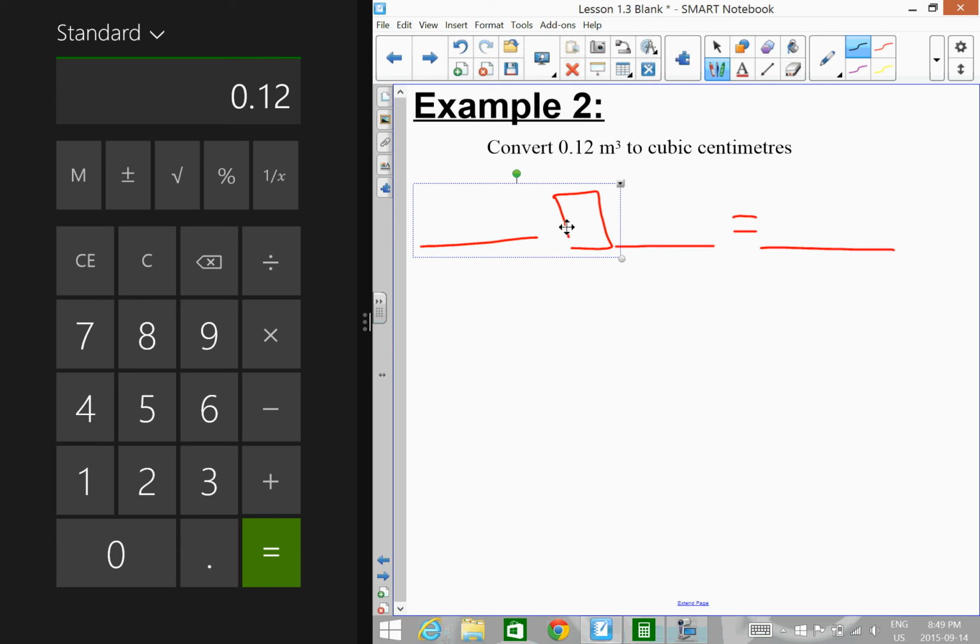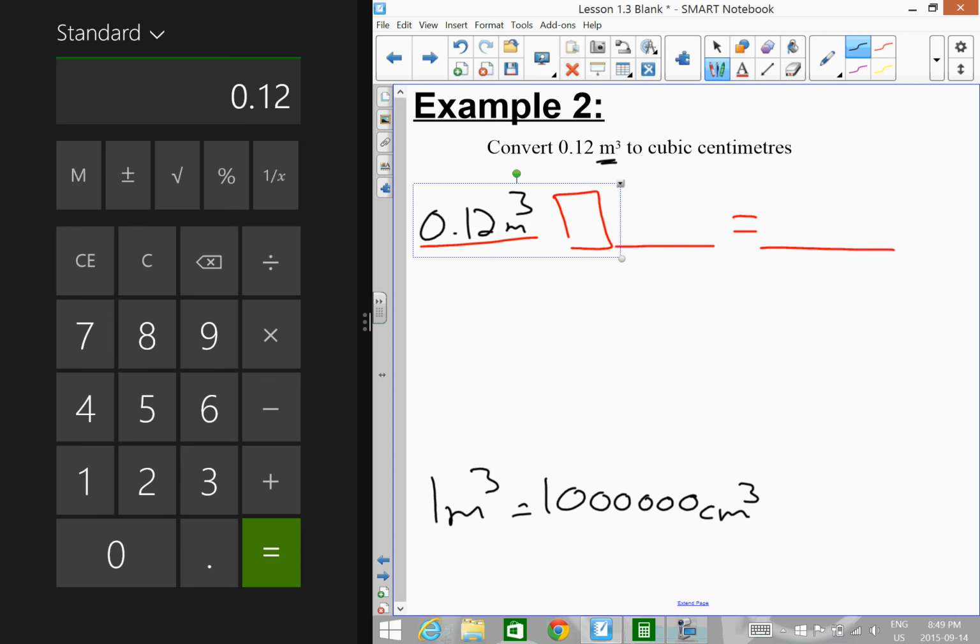Meters cubed from our question goes in the first one: 0.12 meters cubed. Our second one is from our formula sheet. I said on the last slide that 1 meter cubed equals 1 million, yep, 6 zeros, centimeters cubed.